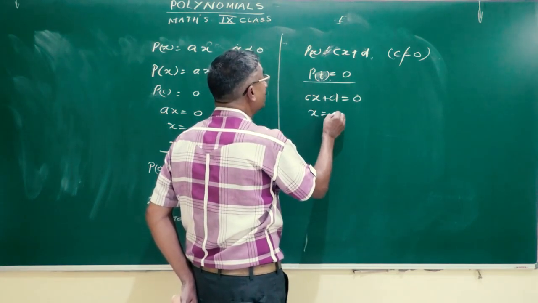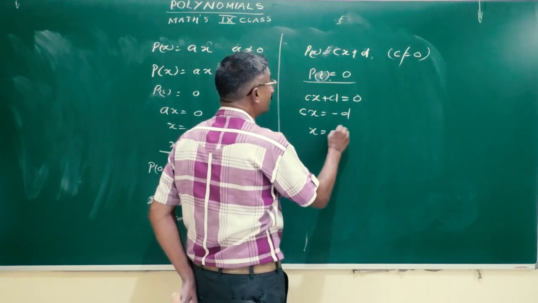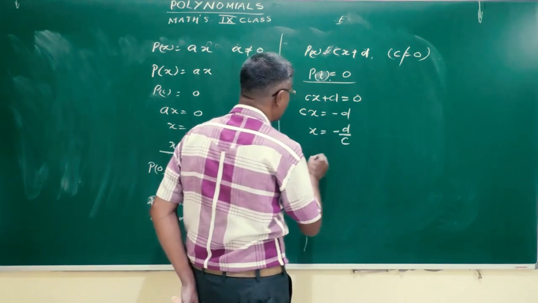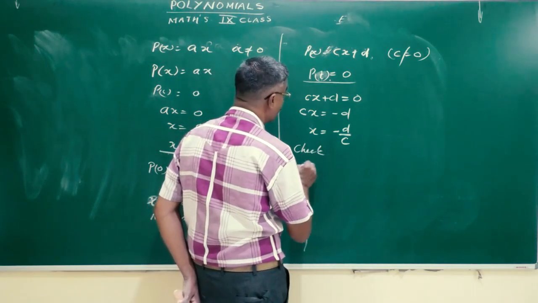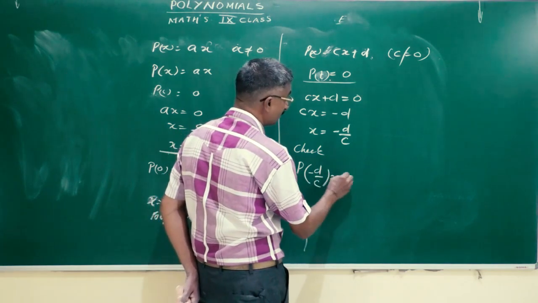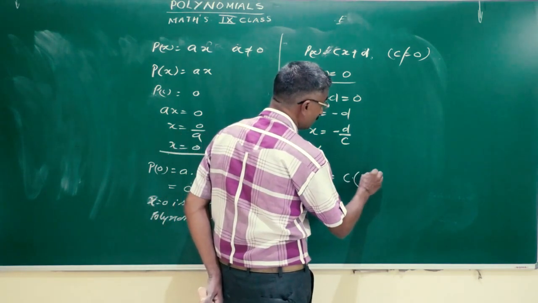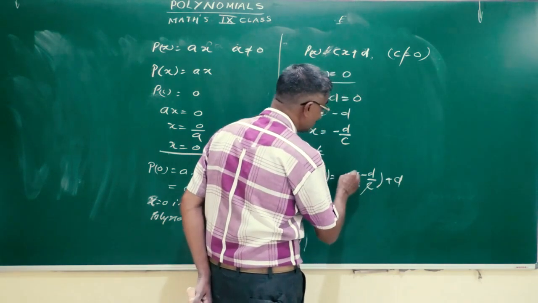So Cx is equal to minus D. X is equal to minus D upon C. So we can check also P of minus D upon C is equal to C into minus D upon C plus D. C cancel.